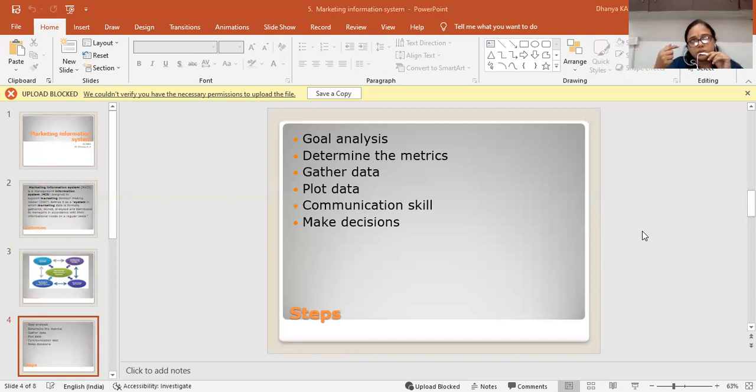Those metrics have to be determined, and you have to gather the data based on these metrics. So goal analysis is very important as far as the marketing information system is concerned. While analyzing the goal, you also have to decide the variables which will add to the goal.